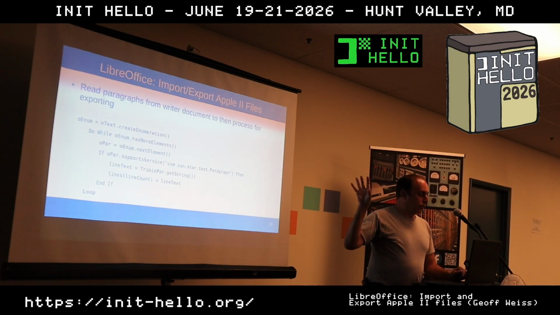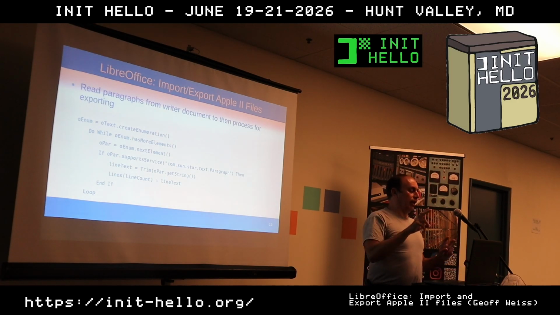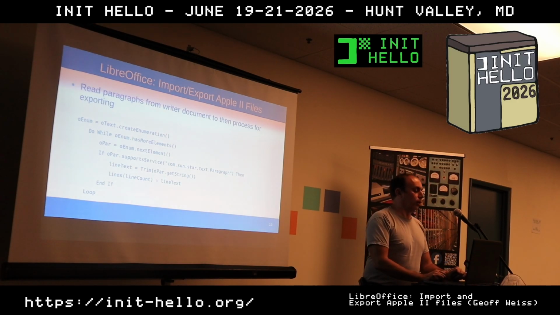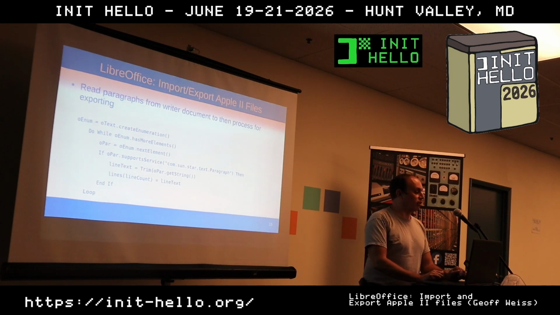This is code for the export process. Within LibreOffice, every line is a paragraph. So this code will go through and enumerate every paragraph, and then you can go through a while loop, take each paragraph and put it into a string.